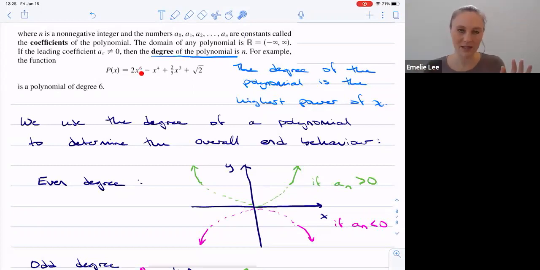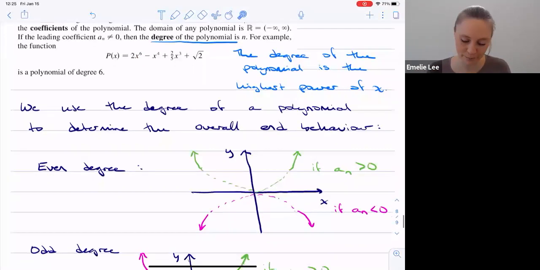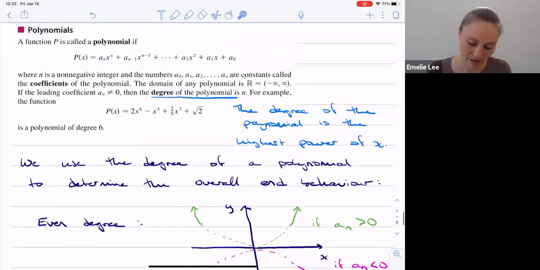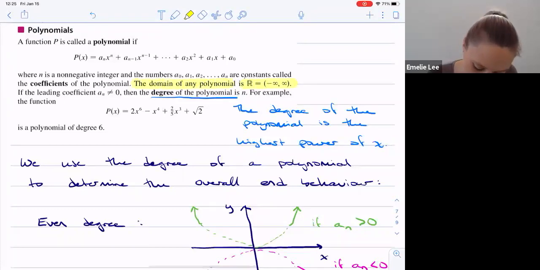And because x to the power of 6, so my degree is 6, I've got an even degree, then my overall behavior is going to be something like this, kind of arms facing up that way. And then anything can happen in the middle here. And kind of important to remember that the domain of any polynomial is going to be the set of real numbers.